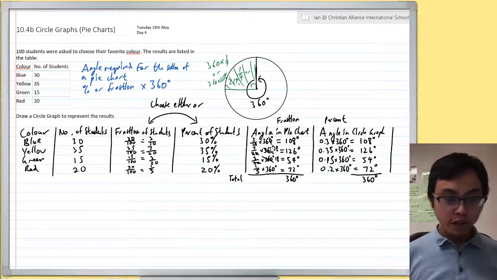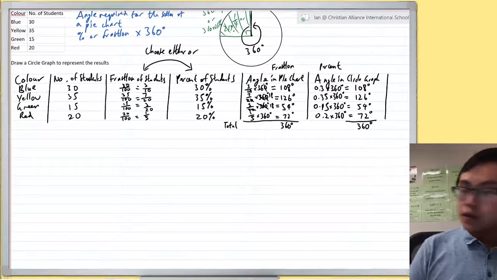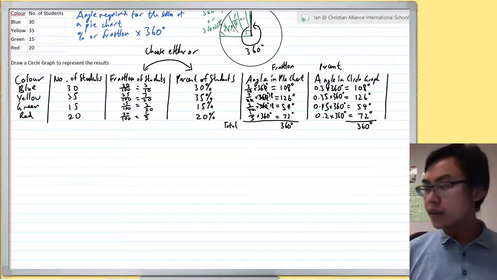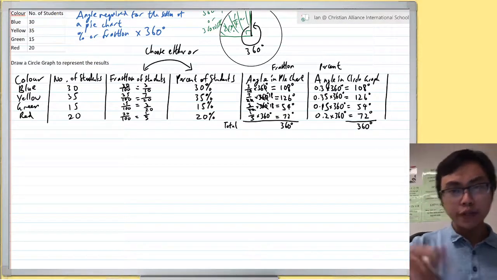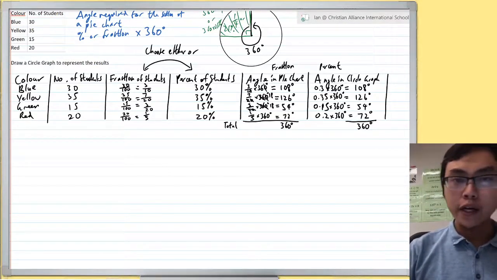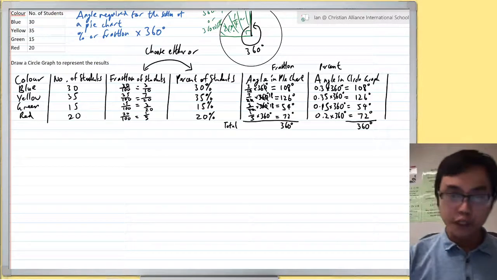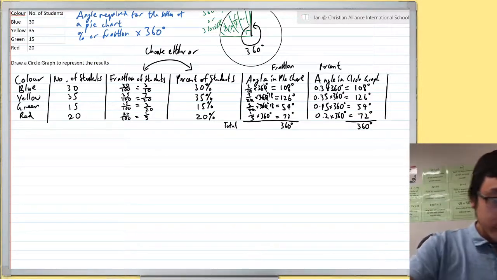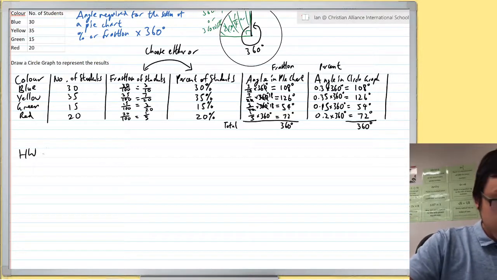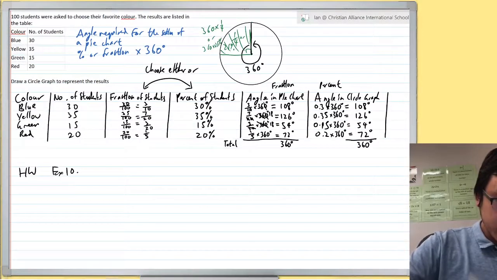Your homework for today. Now I'll go ahead and scan that pie chart later, and I will put it in the notes over here so that once I distribute the page to each of your classes, you will be able to check it. But your homework for today is to do exercise 10.4. Yep, 10.4.